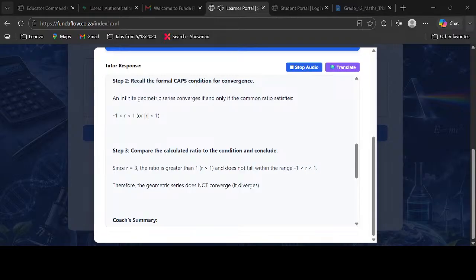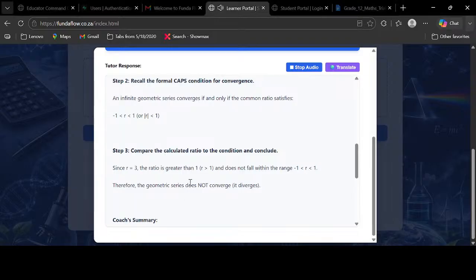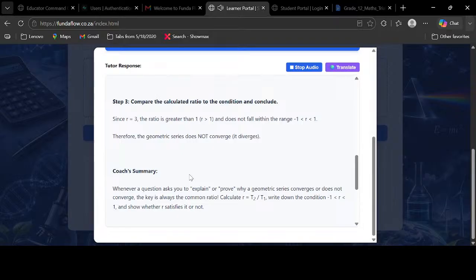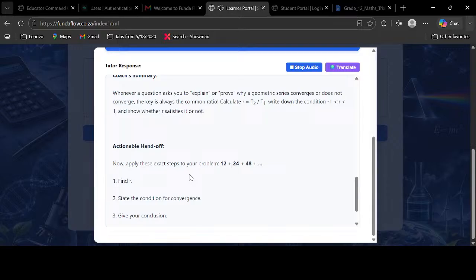Step 3: compare the calculated ratio to the condition and conclude. Since r equals 3, the ratio is greater than 1, and does not fall within the range -1 < r < 1. Therefore, the geometric series does not converge, it diverges. Coach's summary: whenever a question asks you to explain or prove why a geometric series converges or does not converge, the key is always the common ratio.